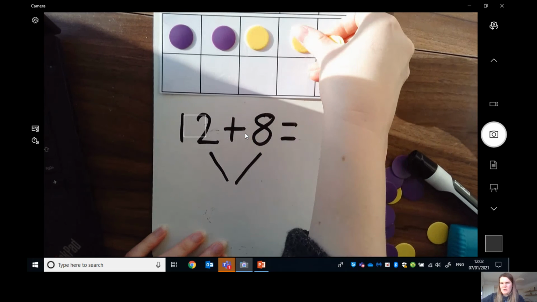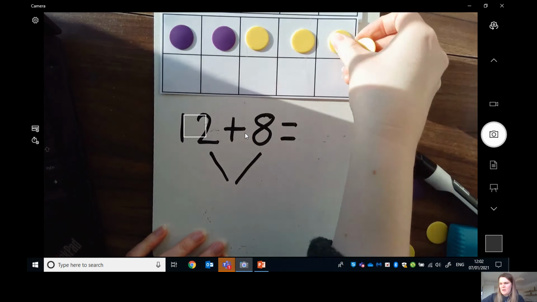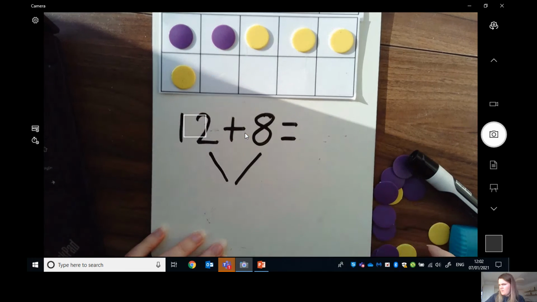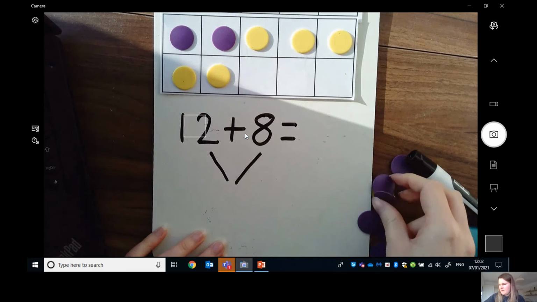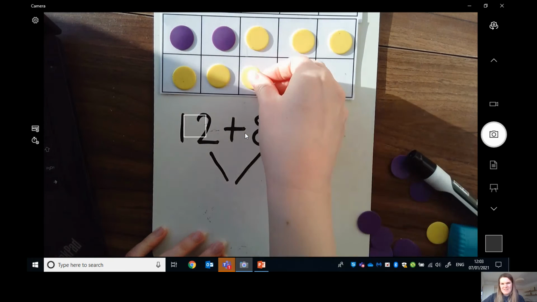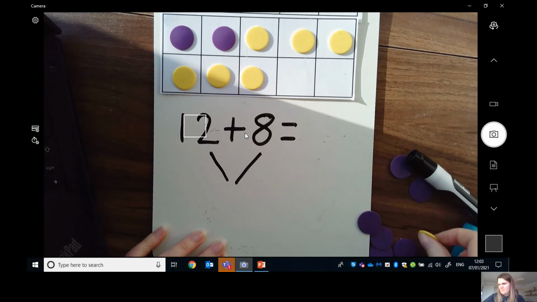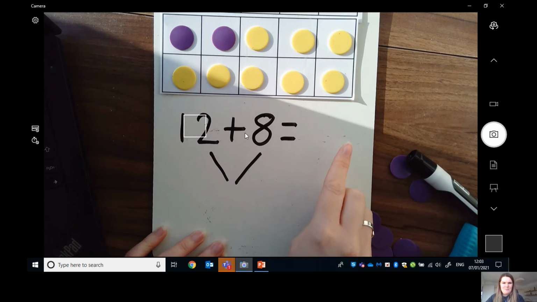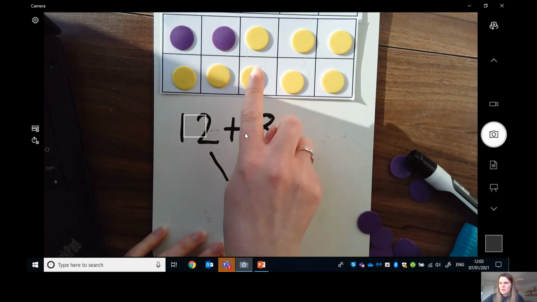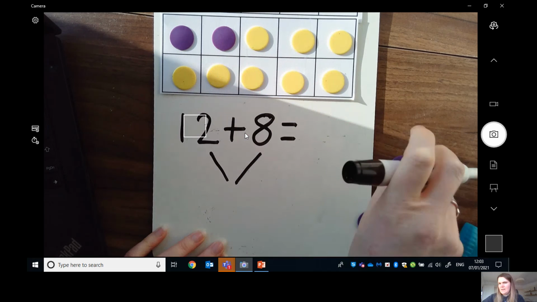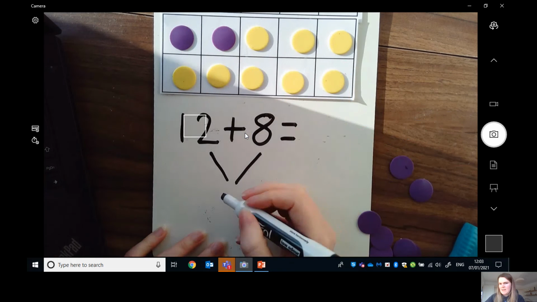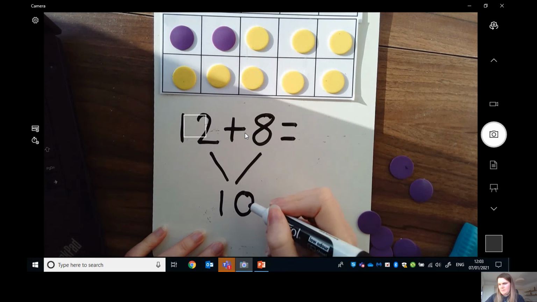1, 2, 3, 4, 5, 6, 7, 8. 2 plus 8, it's filled out the 10 square, which means it has to be 10.